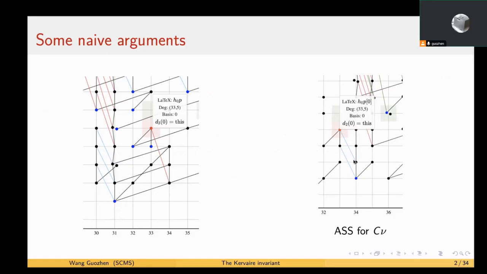And we can also find that the black dot comes from the top cell, which corresponds to this black point, which is h0 h4 squared.